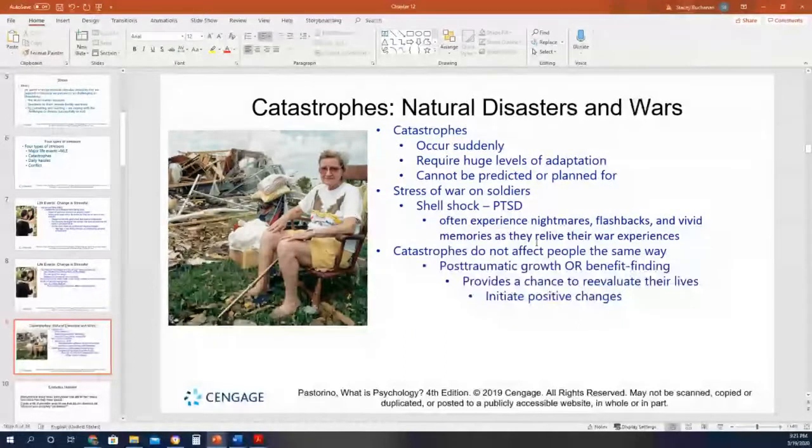But the thing about catastrophes that is interesting is that they don't affect everyone the same way. A tornado hitting one person's house, and the way that person copes with it, is not going to affect someone down the road. It's an interesting thing called post-traumatic growth. It's also known as benefit finding.